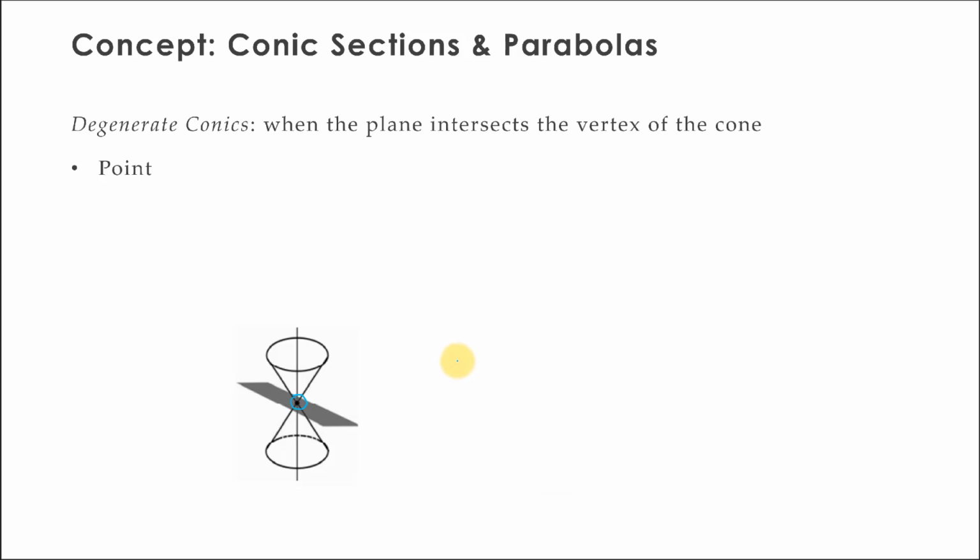And then if we go ahead and rotate that plane enough, it's going to intersect the outside of the cone, okay? And we just get this single line when we rotate it to a specific angle, the angle that is parallel with the outside of this cone, okay?